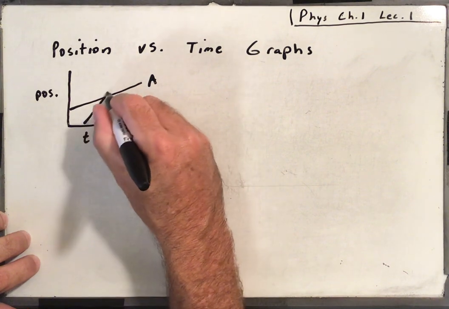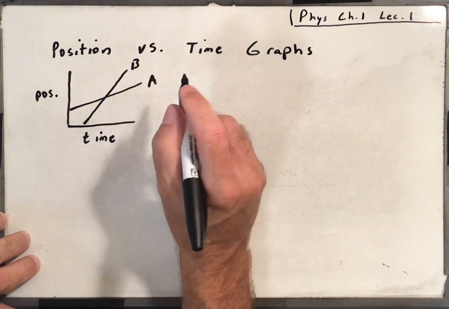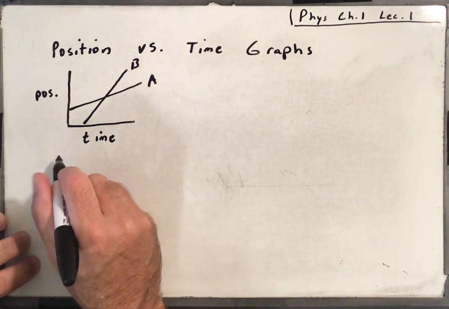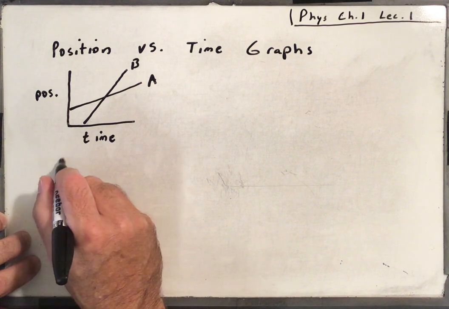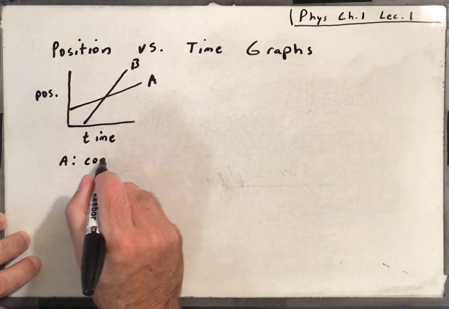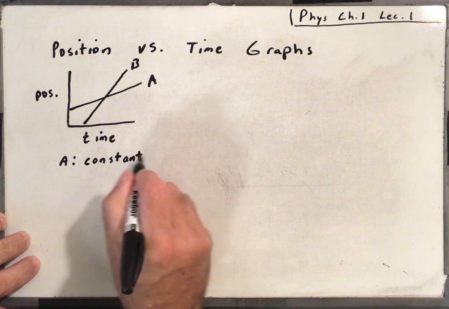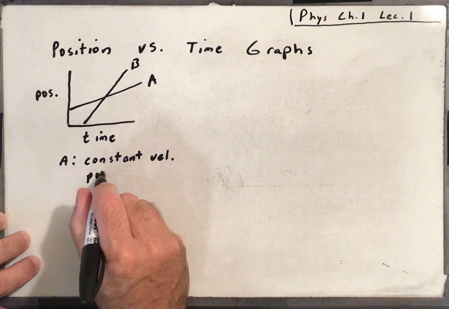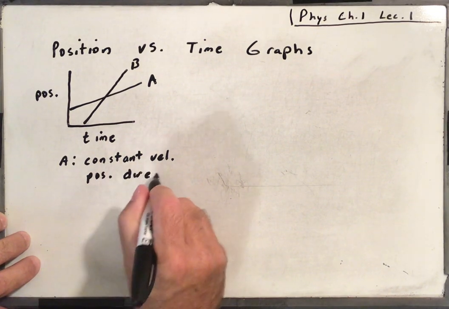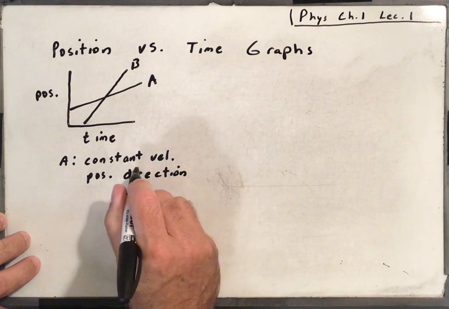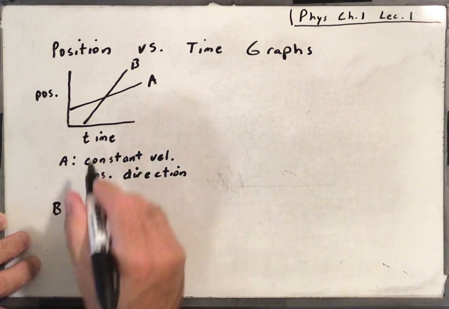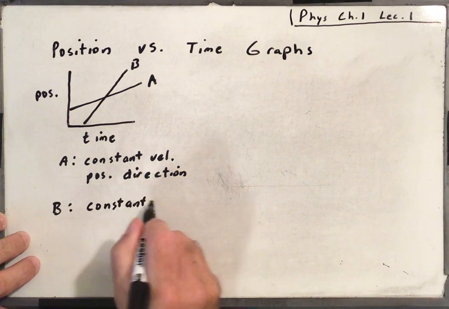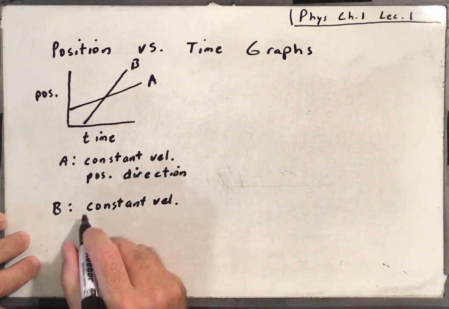Let's say we have object B. Okay. In this case, because the line is straight, A has a constant velocity. And it's going in the positive direction. B, also a constant velocity. And because the slope is positive, positive direction.